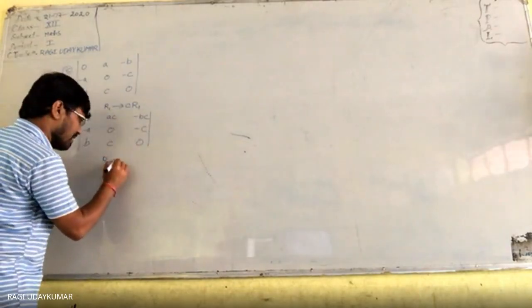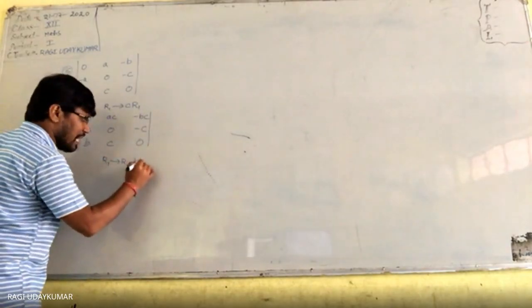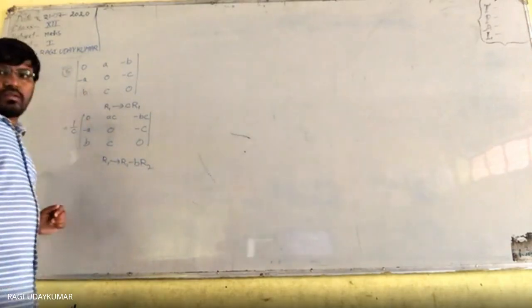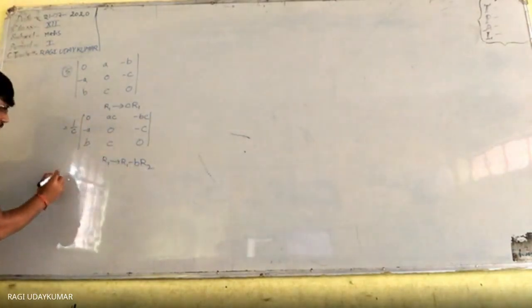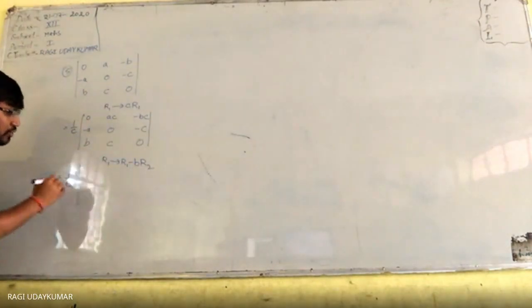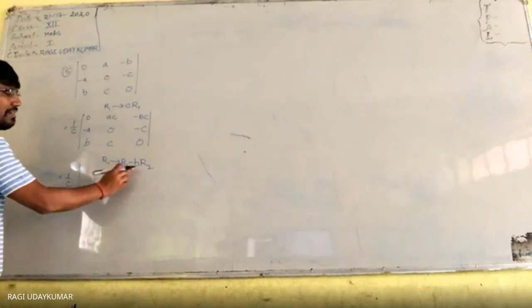Let me write R1 tends to R1 minus B R2. So if you apply this, 1 by C into R1 tends to R1 minus B R2.